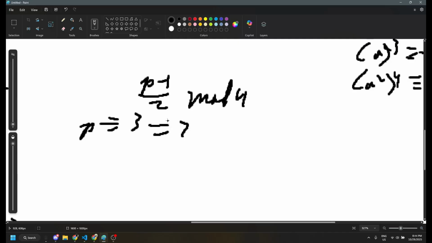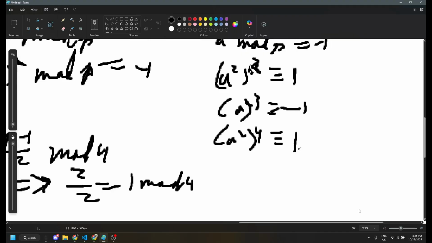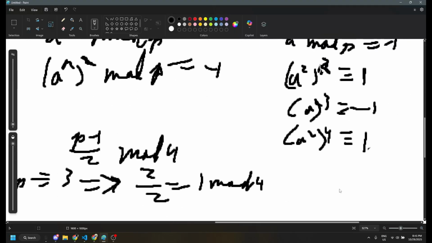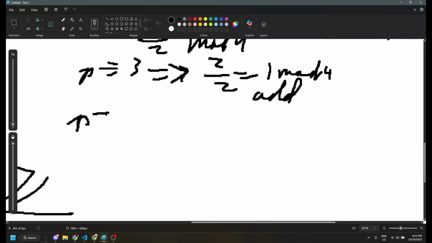This gives us 2 over 2 is equal to 1 mod 4, which gives us odd, of course. Then p is congruent to 1.